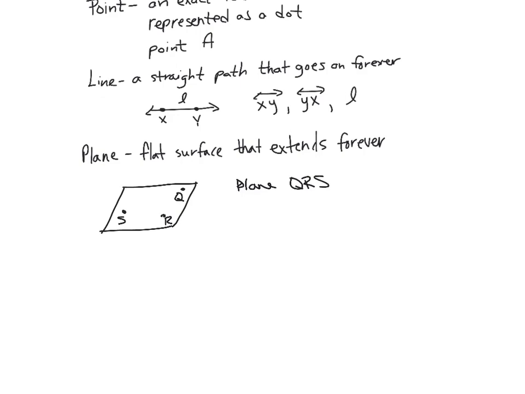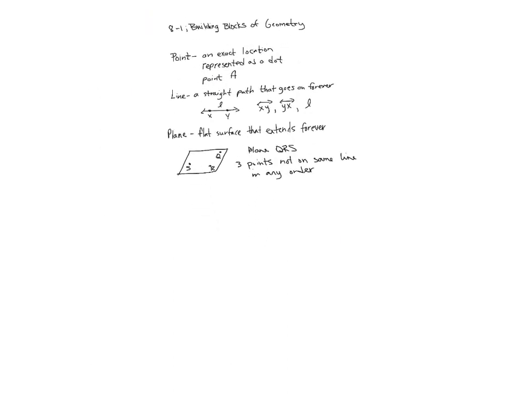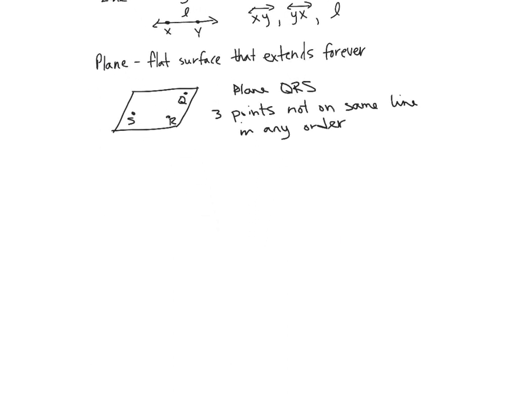You use 3 points in any order. 3 points not on the same line in any order. Sometimes order matters, sometimes it doesn't. And I think when we get further into the chapter, order will start mattering for some of those things.